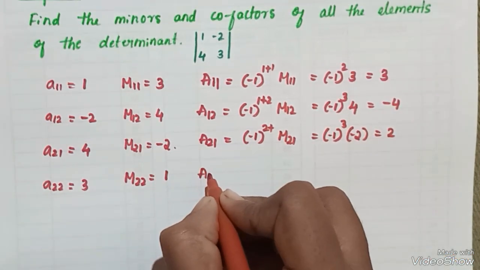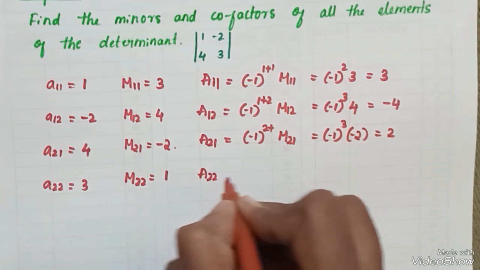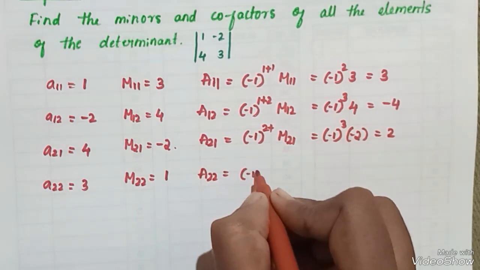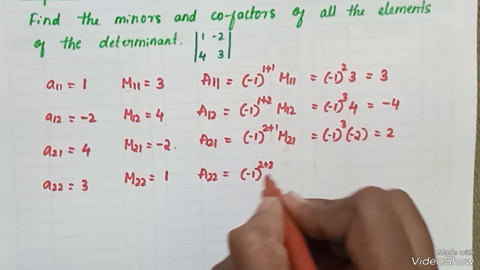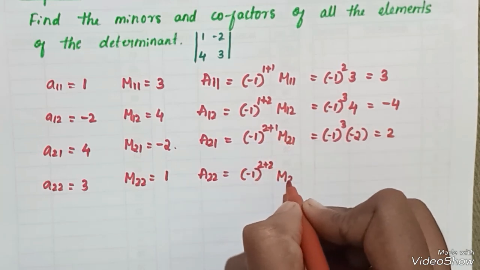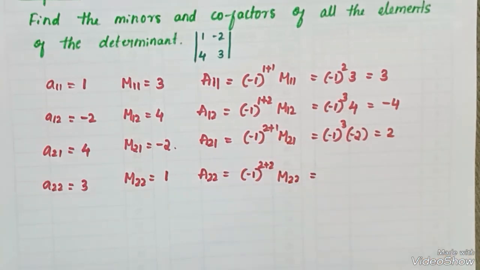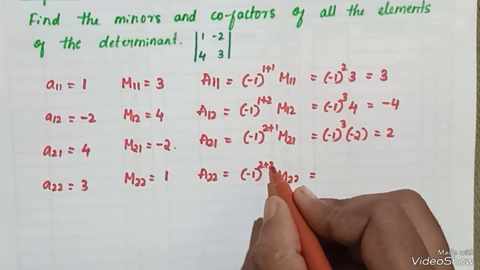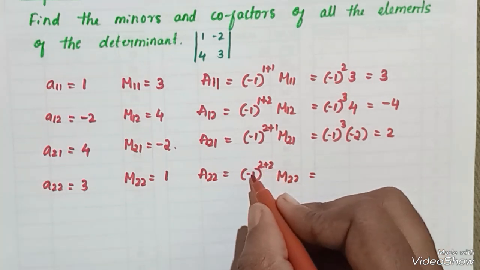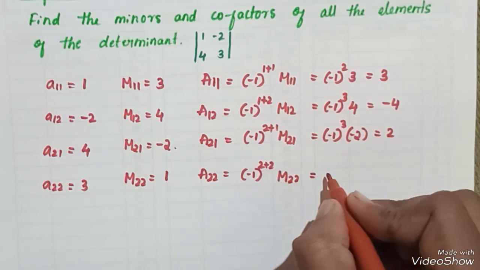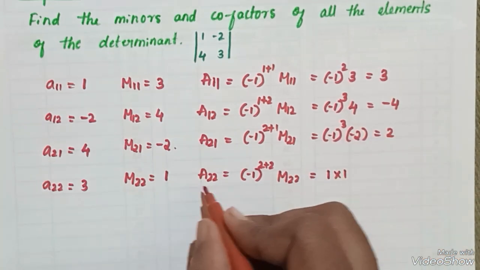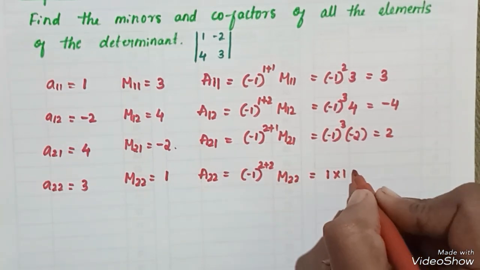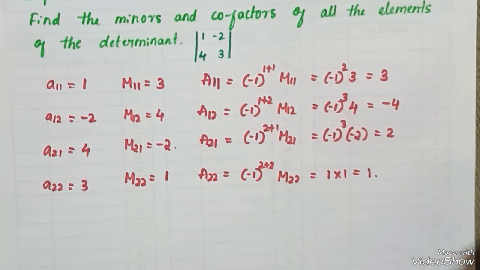A22 is minus 1 to the power 2 plus 2 into M22, that is plus 1 into 1, which becomes 1.